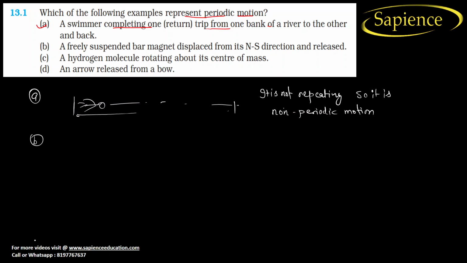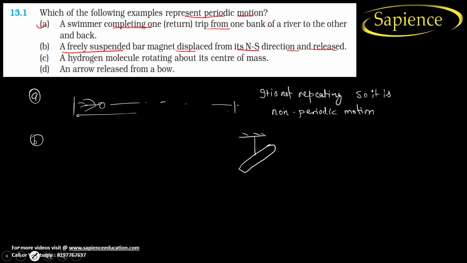Now it is a case of question number 2. A freely suspended bar magnet displays the north-south direction when released. So let us assume that there is a bar magnet and it has been suspended freely.